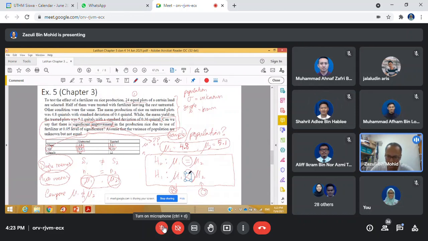Bila you ada benda ni barulah you boleh dapat the correct table value. Betul tak? Sekarang ni lagi satu, the n is smaller than the t. Betul kan?